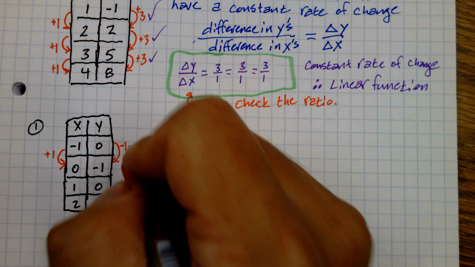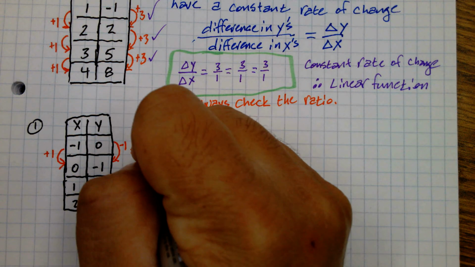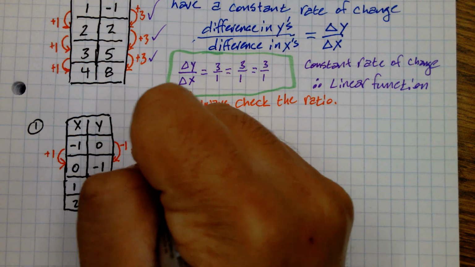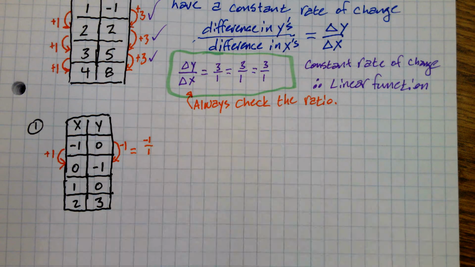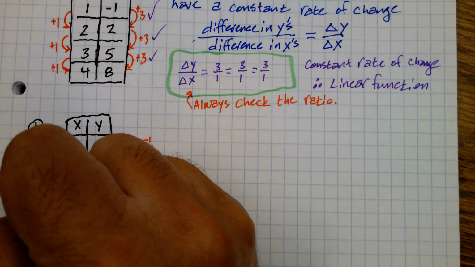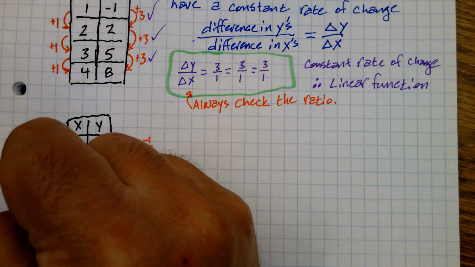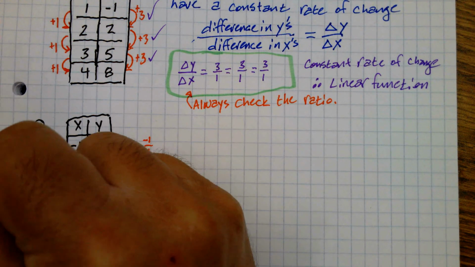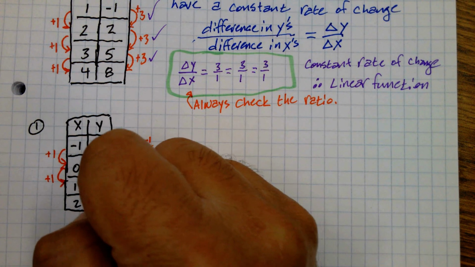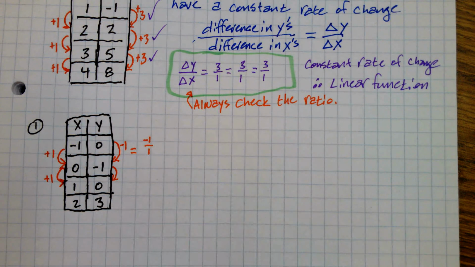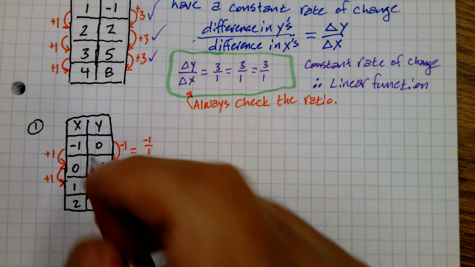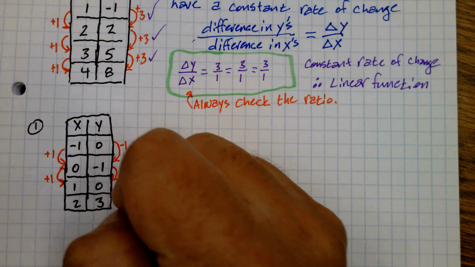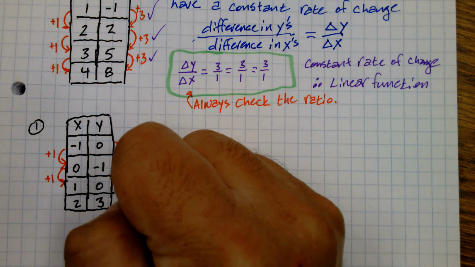So the ratio here is -1 to 1. Let's try this one. If we go from 0 to 1, that's +1. Now if I go from -1 to 0, what's that going to be? Plus 1.